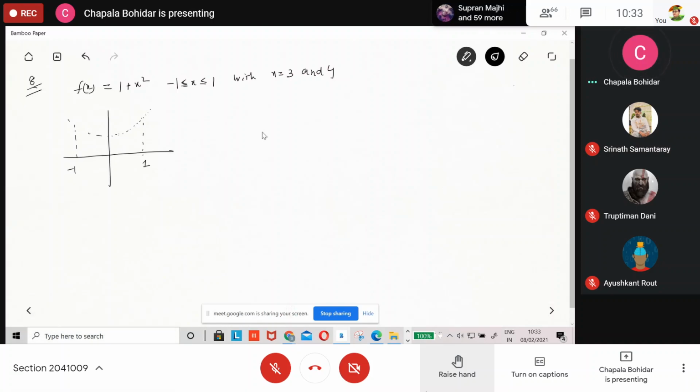For n is equal to 3, del x is equal to 1 minus of minus 1 divided by 3. It is 2 by 3, that is equal to 0.667. Clear to all of you?